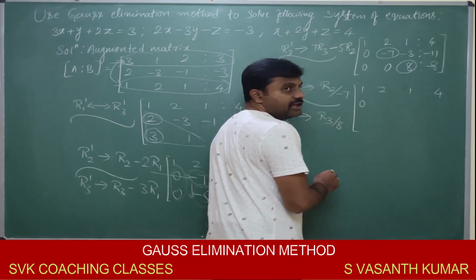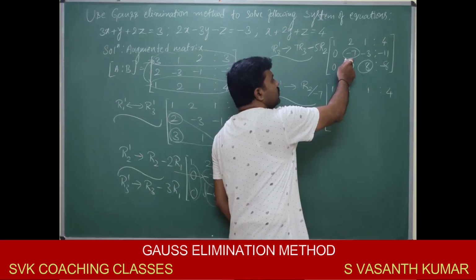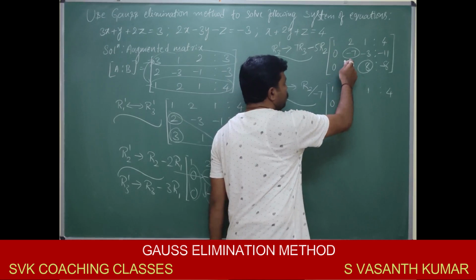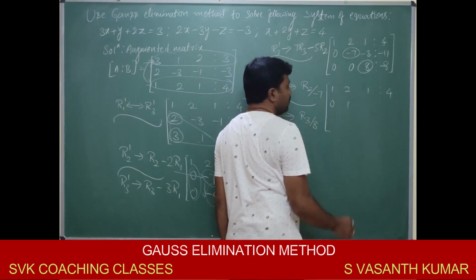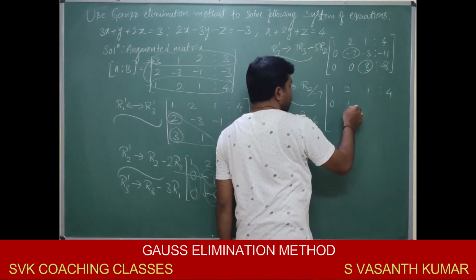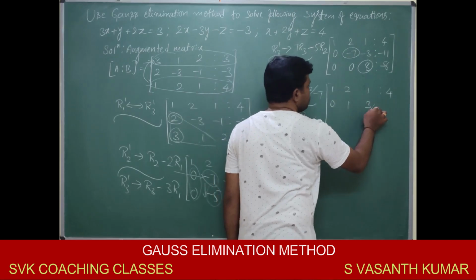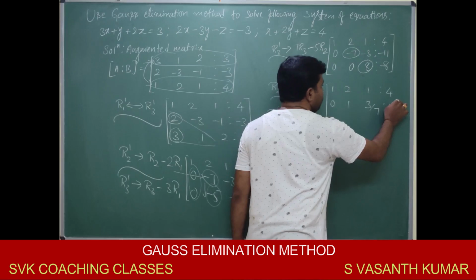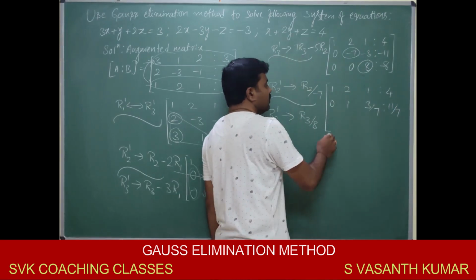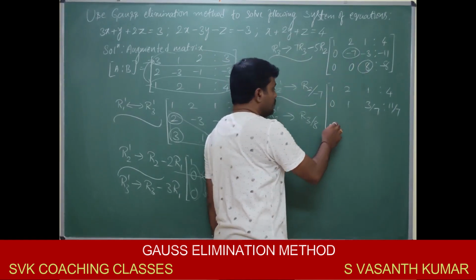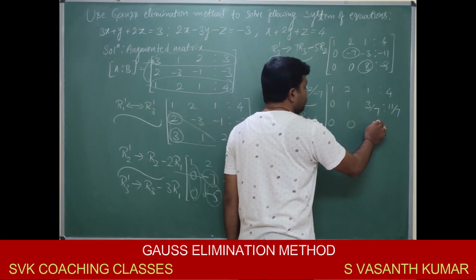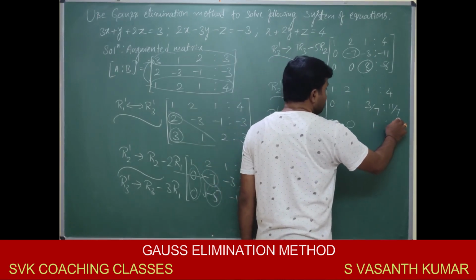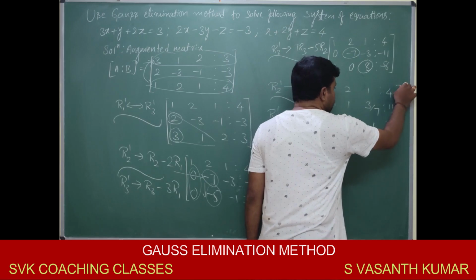The second row is divided by minus 7, so minus 7 by minus 7 is 1. Minus 3 by minus 7 is 3 by 7. Minus 11 by minus 7 is 11 by 7. Divide the last row by 8: it gives 0, 0, 8 by 8 is 1, minus 8 by 8 is minus 1.